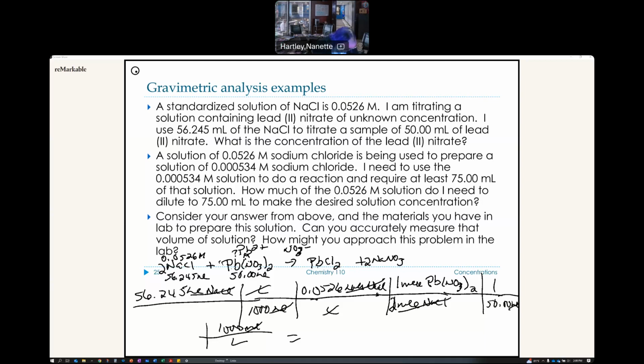56.245 divided by 1,000 times 0.0526 divided by 2 divided by 50 times 1,000. It's 0.02958.